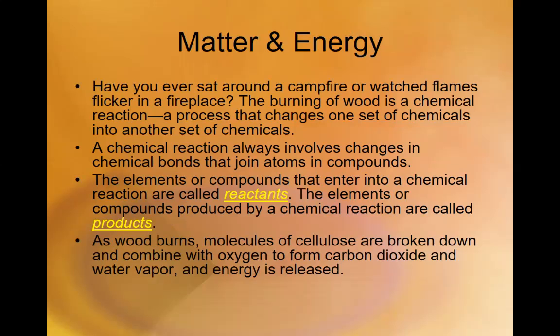The elements or compounds that enter into the chemical reaction are called the reactants. These bonds that create the reactants are going to be broken apart and reformed into the elements or compounds produced by a chemical reaction, which are called the products. So we're breaking bonds in the reactants to form new bonds in the products.